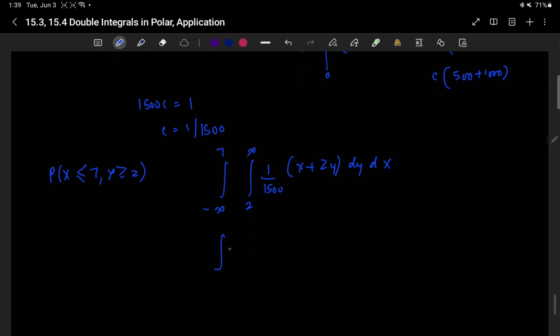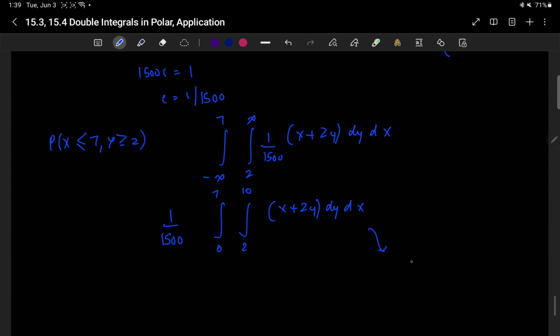But outside of 10, the probability distribution is 0, so you don't have to really consider negative infinity. You only have to go from 0 to 7 for x and from 2 to 10 for y, of x plus 2y dy dx. And if you complete this evaluation, you should get 868 divided by 1500. That should be exact. It should come out to 868 over 1500.